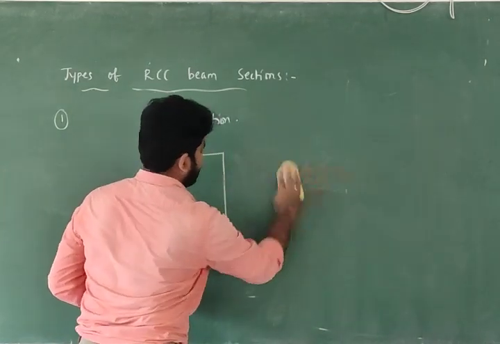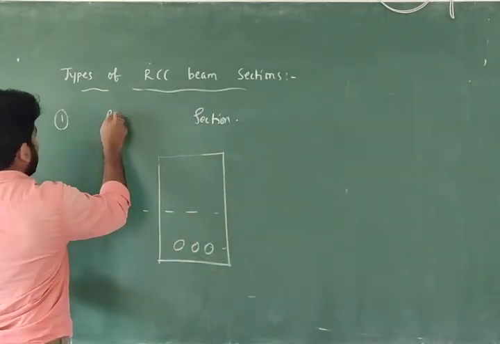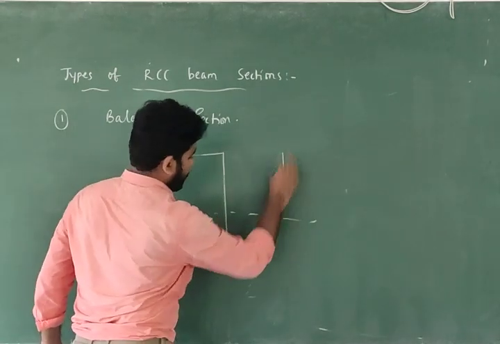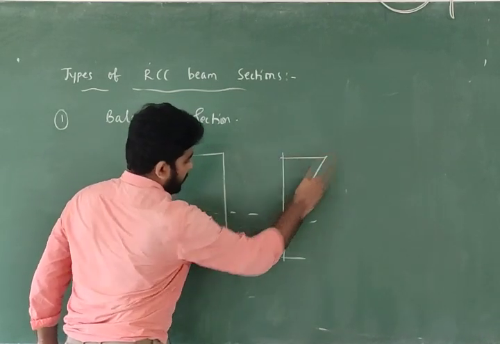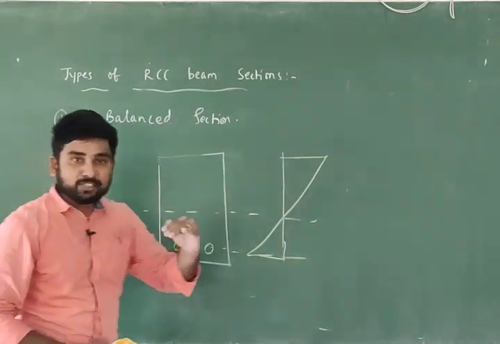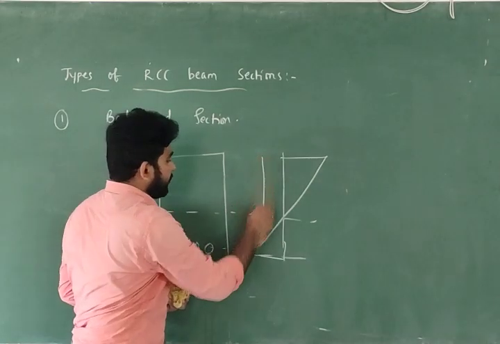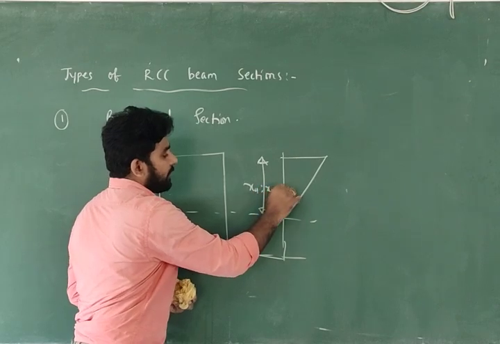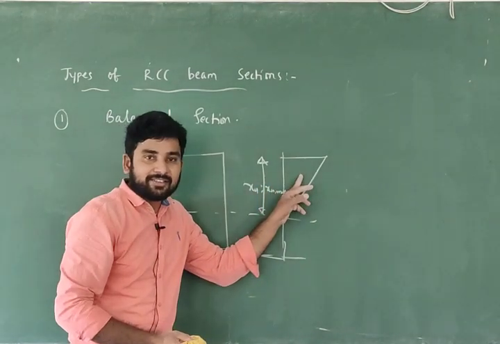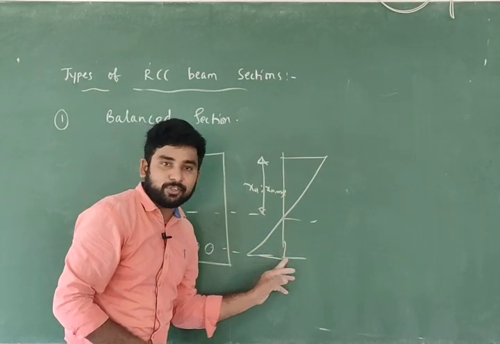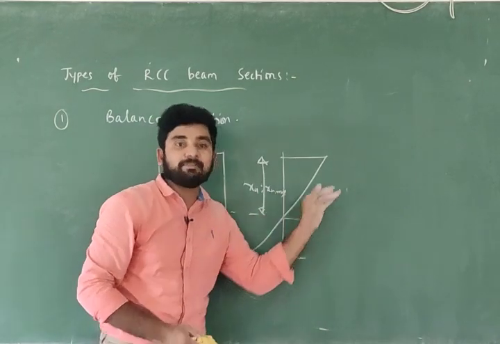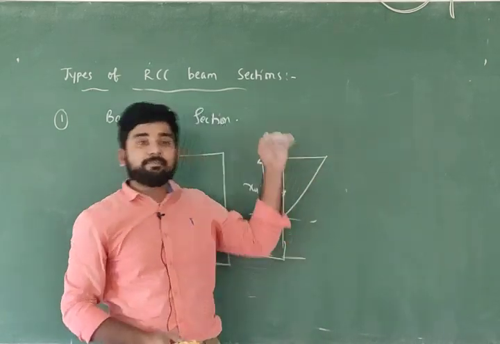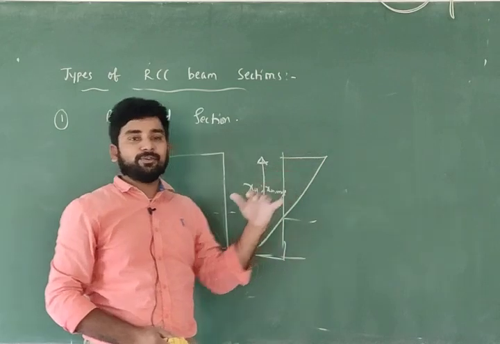So the next one is the balanced section. Please understand, the name itself says balanced section. So again I am drawing this strain distribution. In the balanced section, what am I telling? XU equals XU maximum, which means both the stress in concrete and the stress in steel will reach their permissible values simultaneously, at a time they will reach their maximum permissible value.